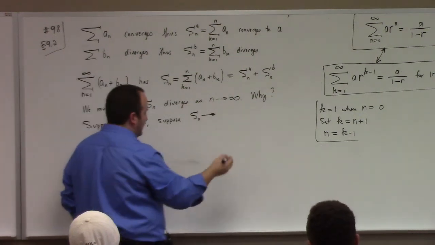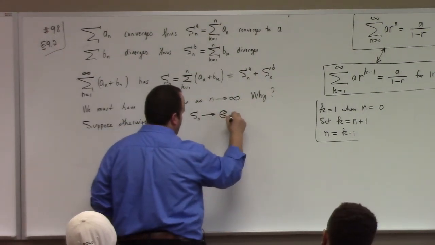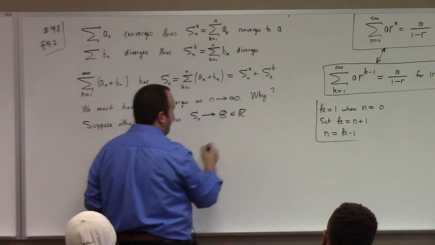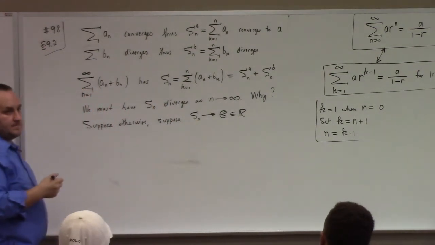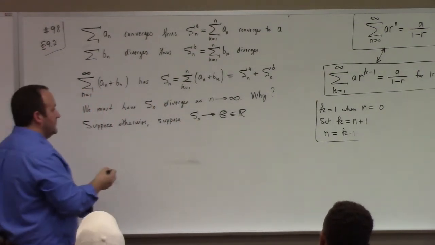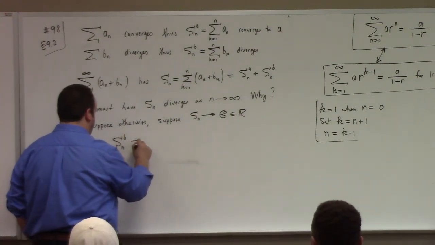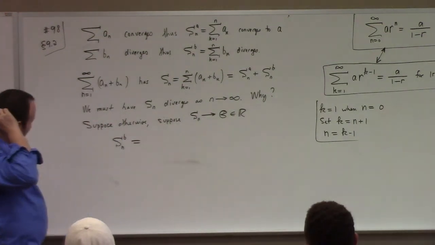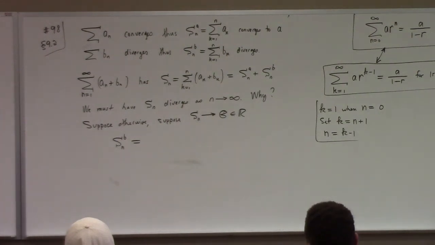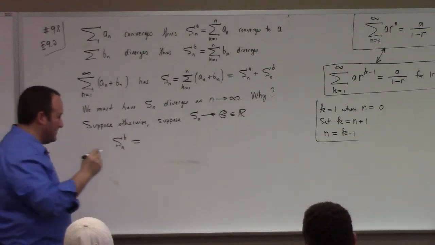Let's say Pac-Man, where Pac-Man is a real number. Then what do we have? We've got SNB. Solve for SNB. It's equal to Sn minus SNA, right?